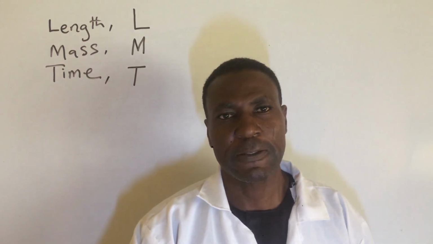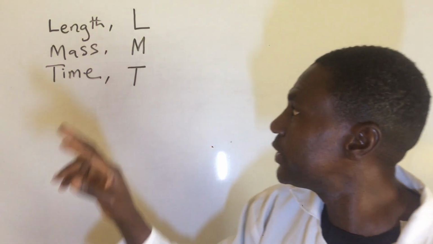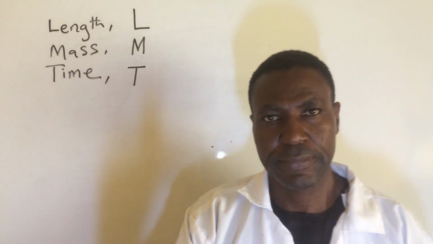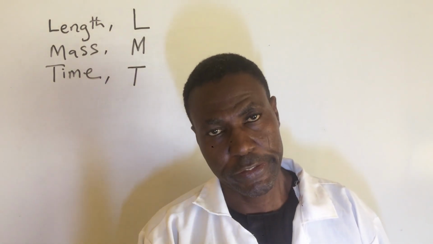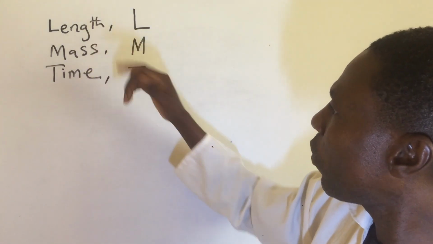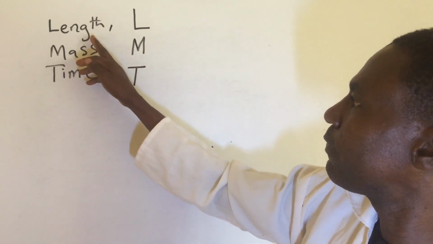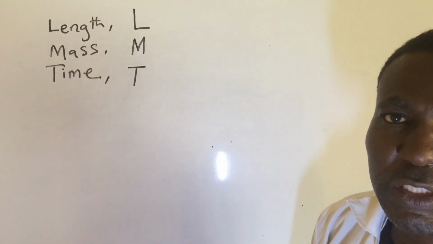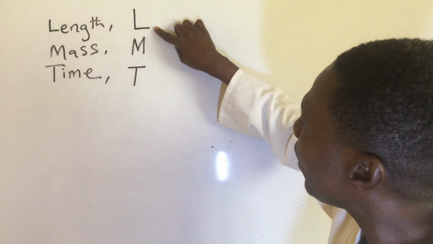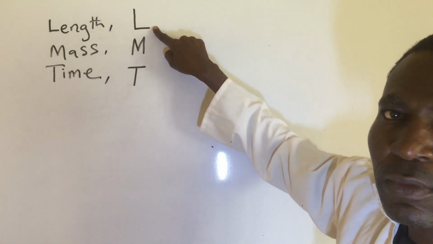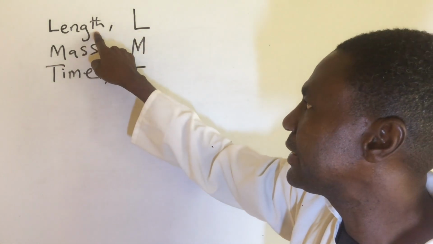force, and others. We now use this length, mass, and time to relate them in their equations, okay, in their formulas. And while making use of these basic fundamental quantities, we will use uppercase letter L to represent length.